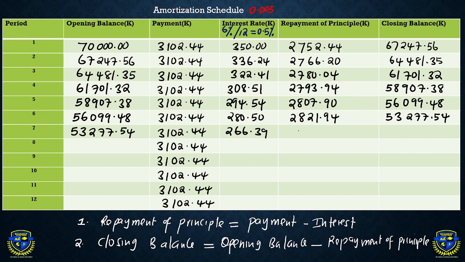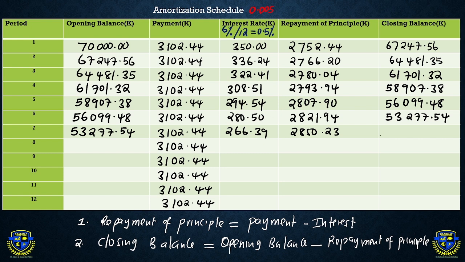That is going to give us 2,850.23. Then you subtract your payment, which is the 2,850.23, from the 53,277.54, which is the opening balance.